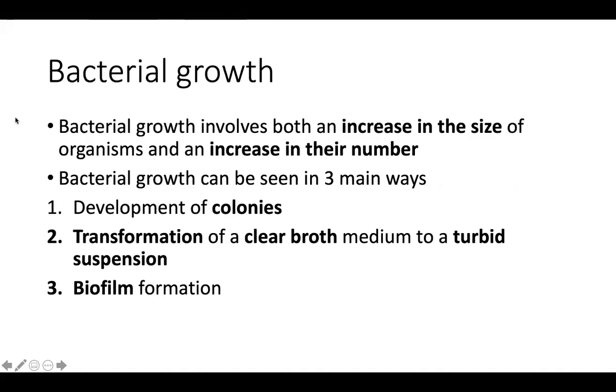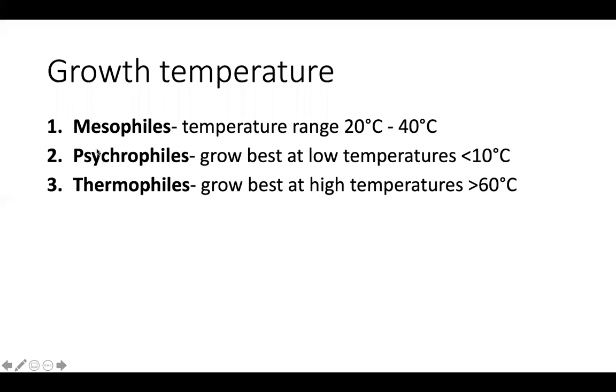So in view of that, you can already see that most medically important bacteria will be mesophiles, because the normal body temperature falls between 20 to 40 degrees centigrade. They have to be able to survive the body temperature. Then you have the psychrophiles. These are important because if you're able to survive at low temperatures, then refrigeration will not get rid of them.